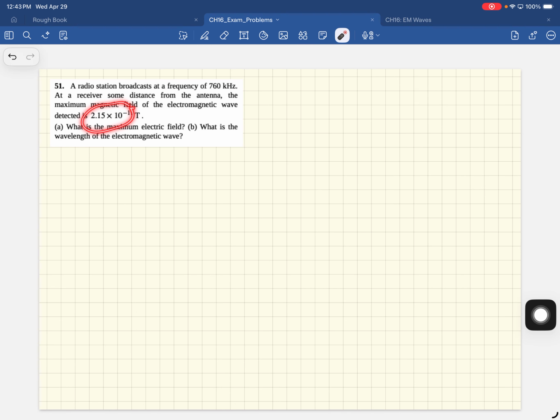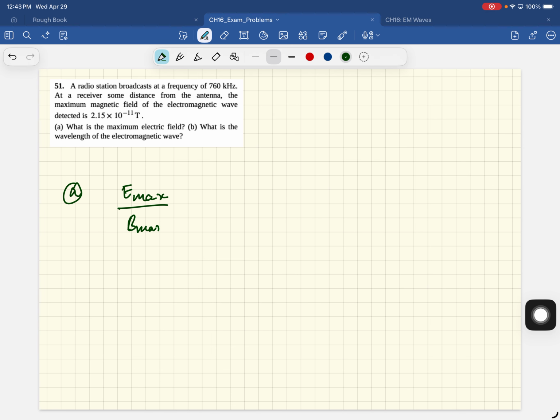So the amplitude of the magnetic field is that. What is the maximum electric field? And you saw that in any electromagnetic wave, the ratio of the electric field to magnetic field is c. So E max is c times B max.